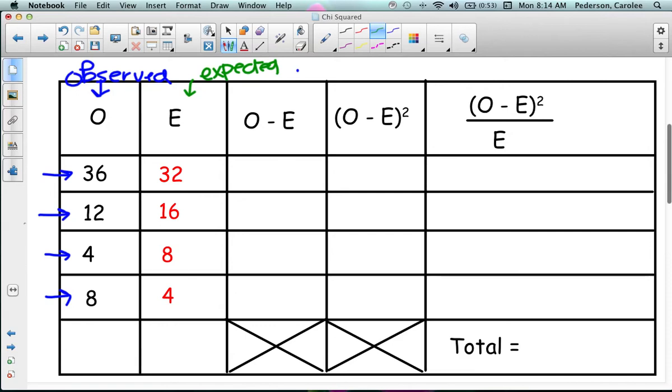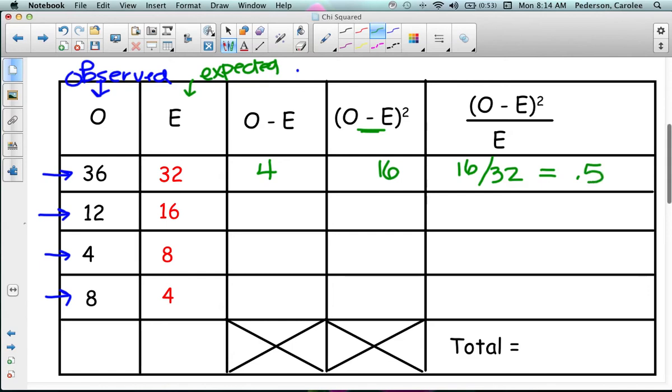The next column is taking the observed minus the expected. So 36 minus 32 is 4. Then take that number and square it, and you get 16. Then you divide that number by the expected, and you get 0.5.